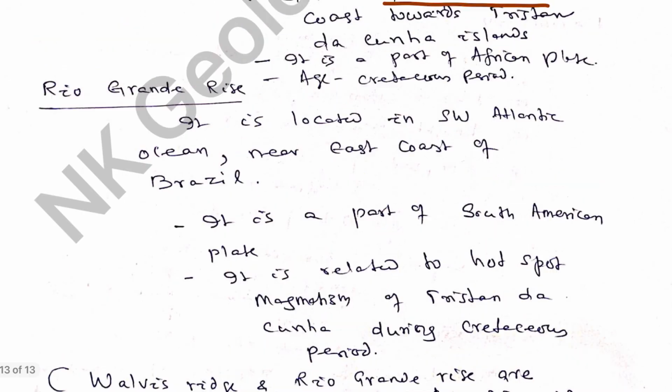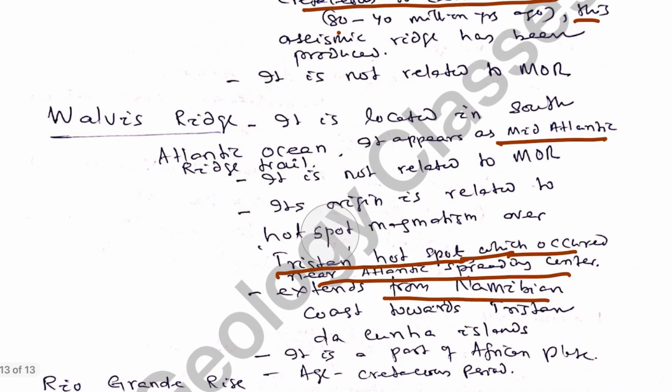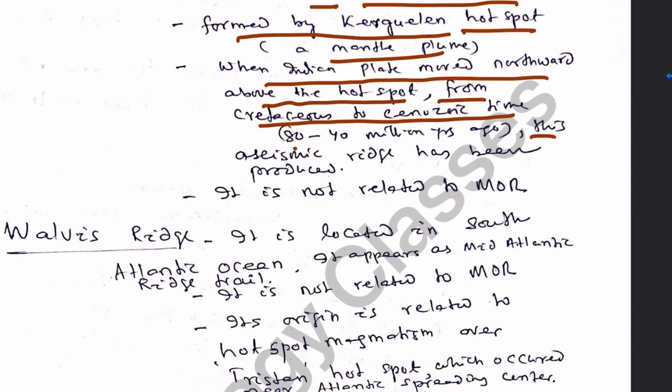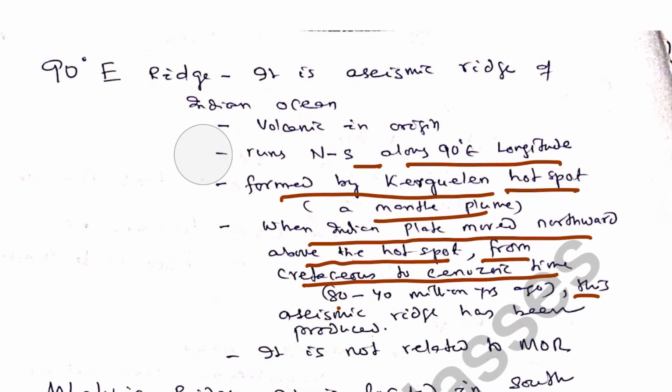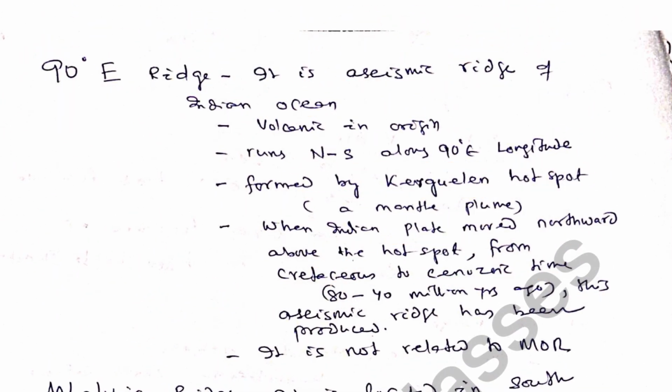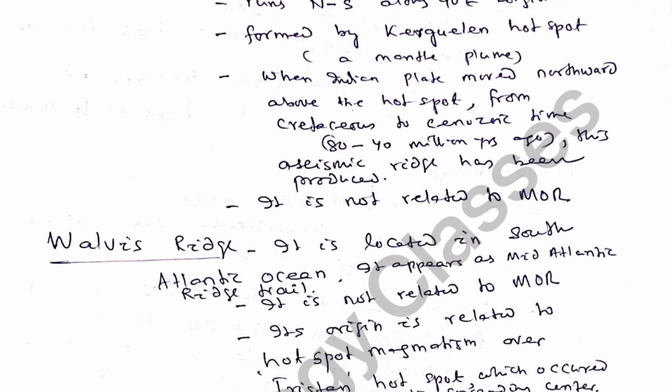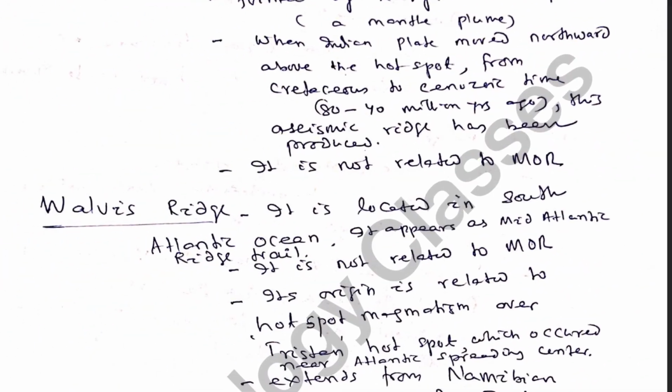So Rio Grande Ridge and Walvis Ridge are present in the South Atlantic Ocean, and the 90-degree East Ridge is not related to a mid-ocean ridge, but it is a seismic ridge which has been produced by hotspot extrusion in the Indian Ocean.